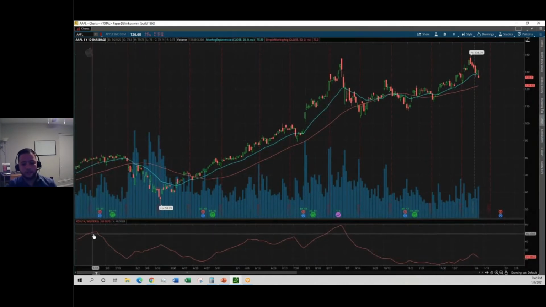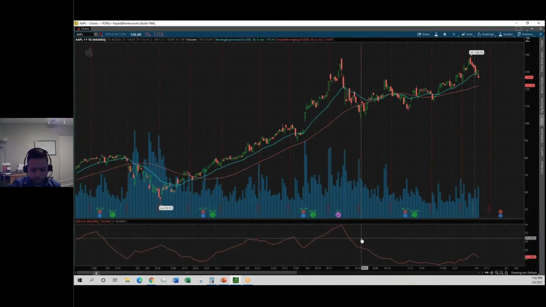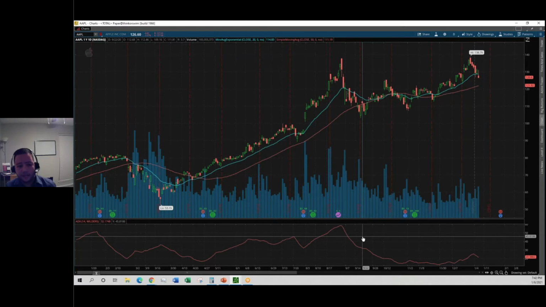It's a simple line that oscillates between a higher value and then a lower value. Now, keep in mind that the ADX is always going to be a positive value. There's no such thing as a negative ADX. But again, it helps us measure the actual strength of the trend.